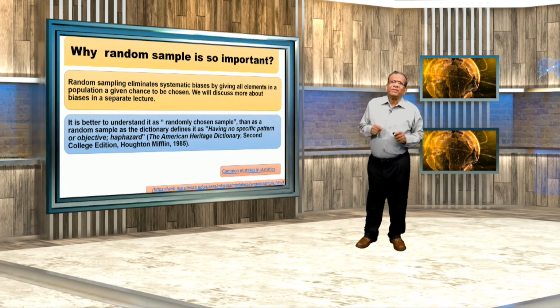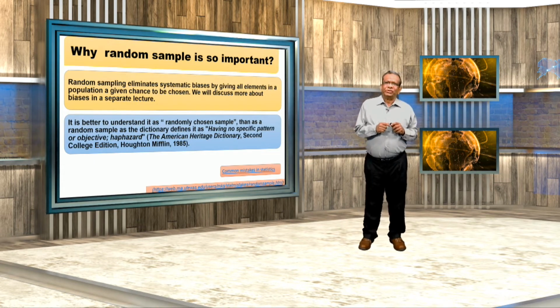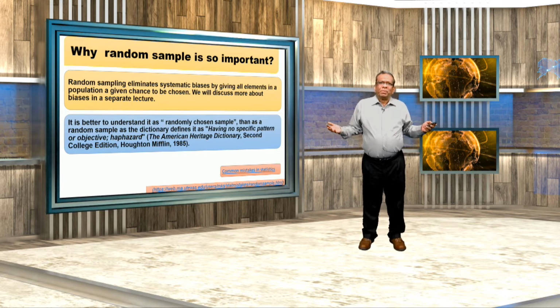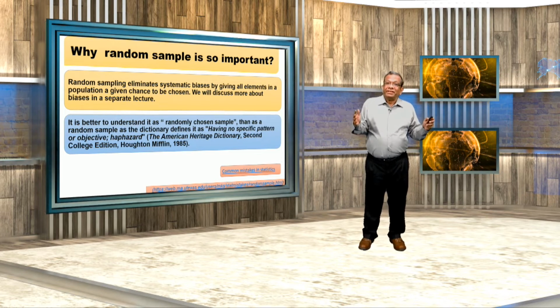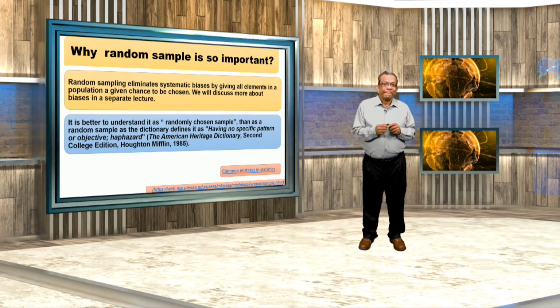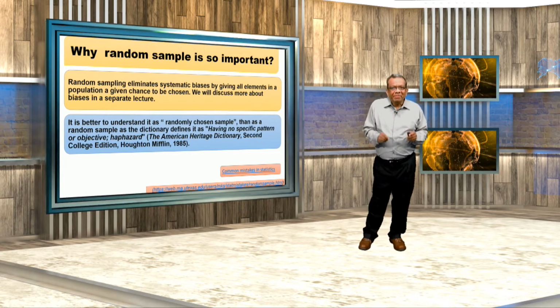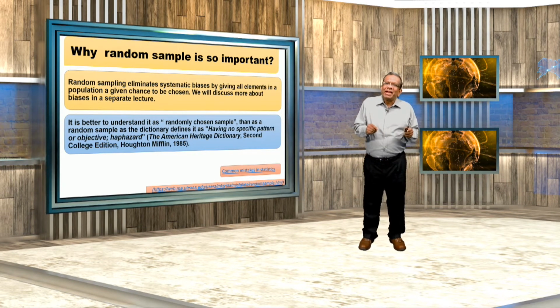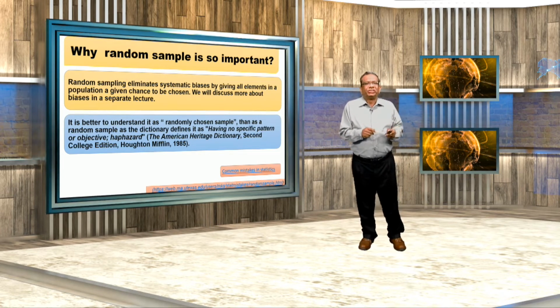Why is random sampling so important? Most of the publishers require us to have random samples, not in all cases, but definitely in the majority of cases there is a requirement for random sampling. Random sampling eliminates systematic biases by giving all elements in the population a given chance to be chosen.